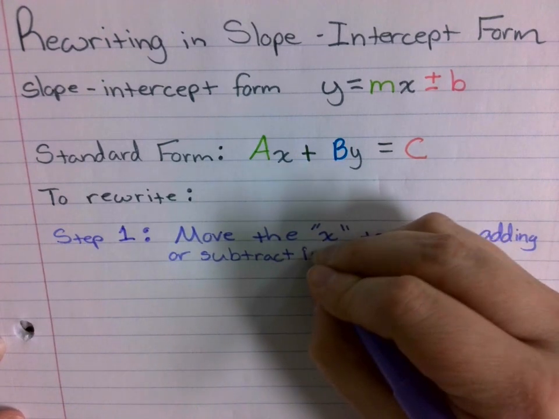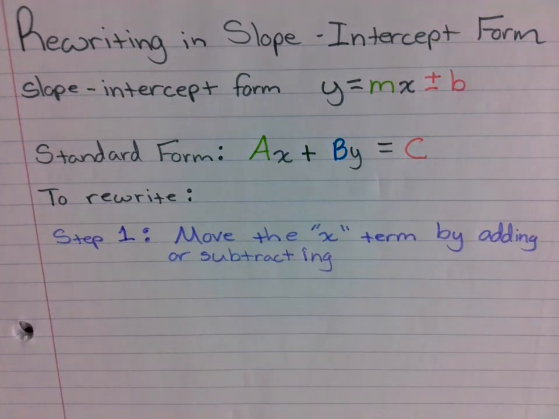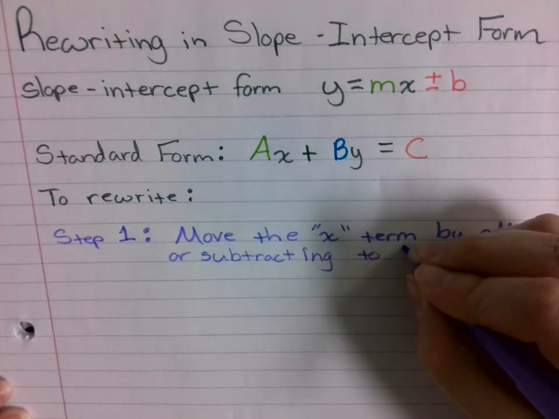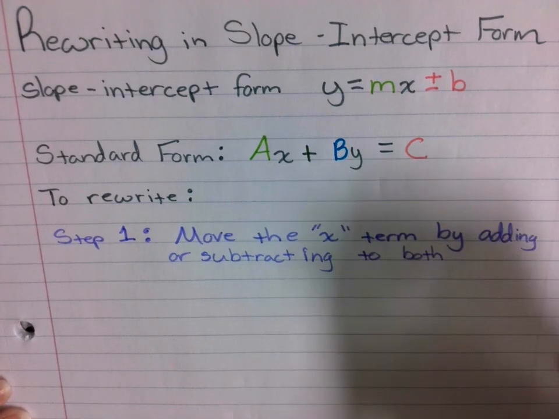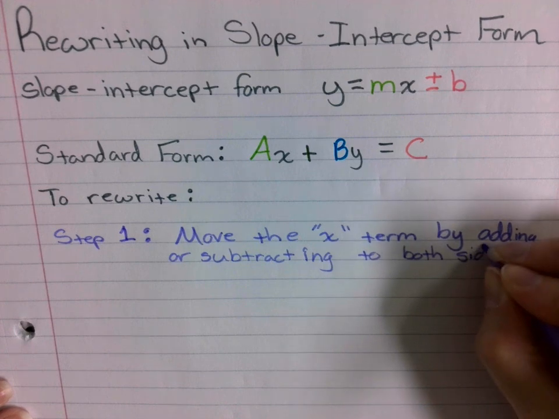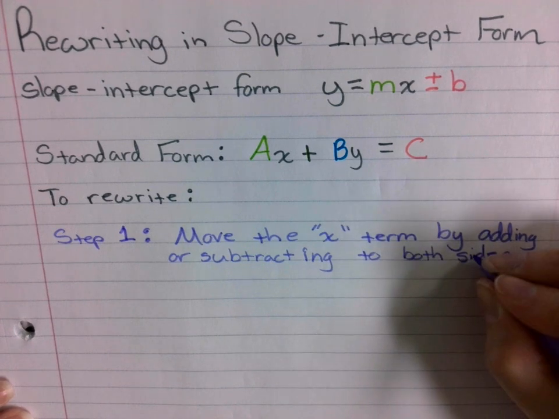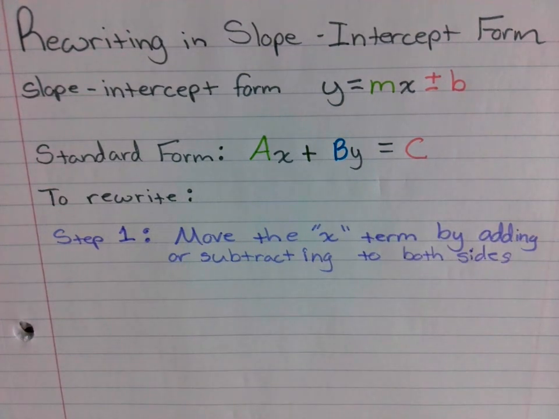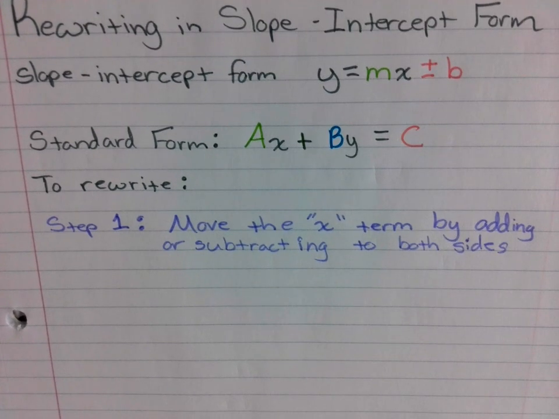So you're going to add or subtract the entire x term to both sides. By adding or subtracting it on one side, it removes the x term, and then doing the same to the other side allows you to place the opposite value on the other side of the equal sign. So that is always going to be your very first step: move your x term to the other side by doing the inverse operation of addition or subtraction.